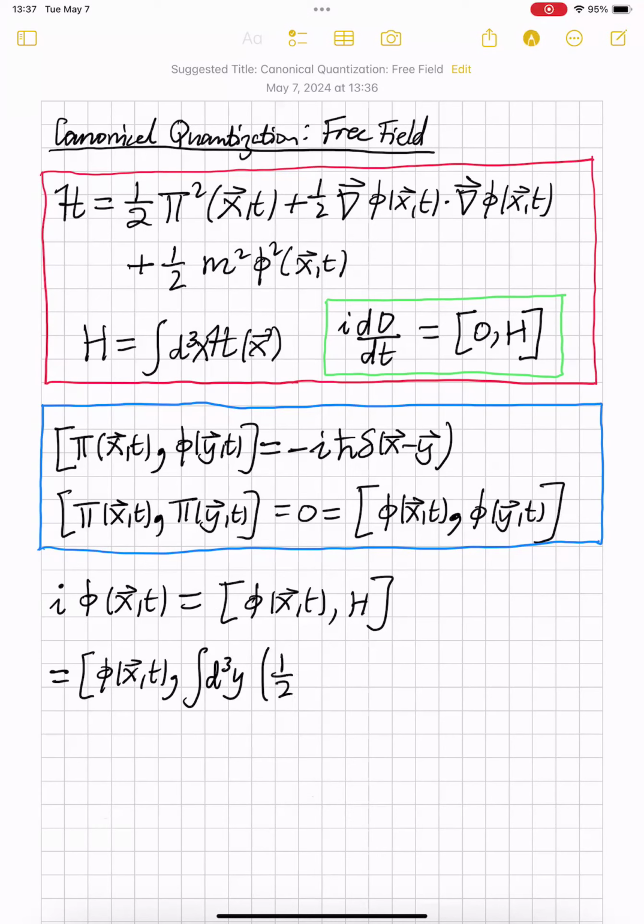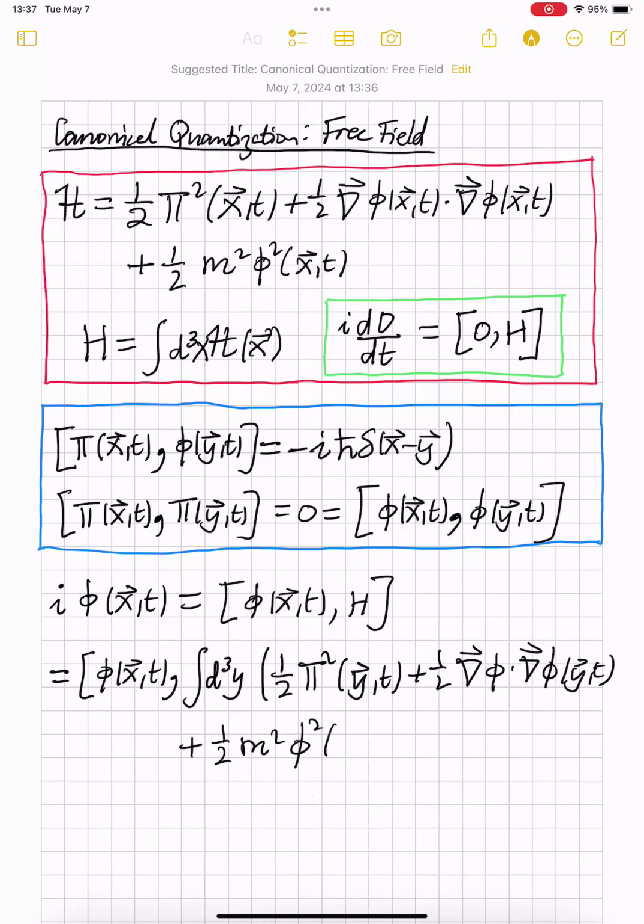I'll have 1/2 pi squared at y and time t, plus 1/2 the gradient of phi dotted into the gradient of phi, also at y and t, plus 1/2 m squared phi squared, also at y and t. Good.